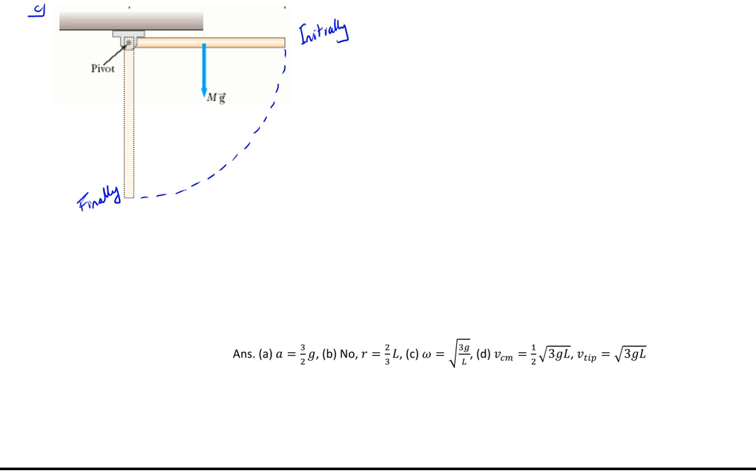It's important to realize that in this example, the angular acceleration is not constant. You see, as the rod falls down more and more, initially the angle is 90 degrees, but as you go down here, the angle for the torque is not 90 degrees, and it's continuously changing, so that at the very bottom here, the force is directly in the line of r, and so there is no torque.